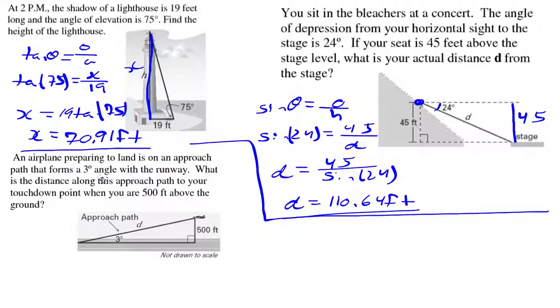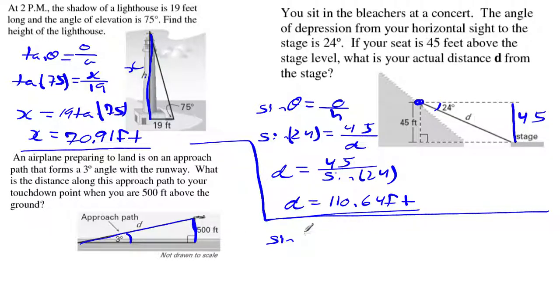And finally, we have this airplane landing coming in. The angle of elevation in this case is 3. This distance here is 500 feet, and we want to find at what point it will touch down. So that, yet again, is another hypotenuse, and this time we have, yet again, the opposite side.